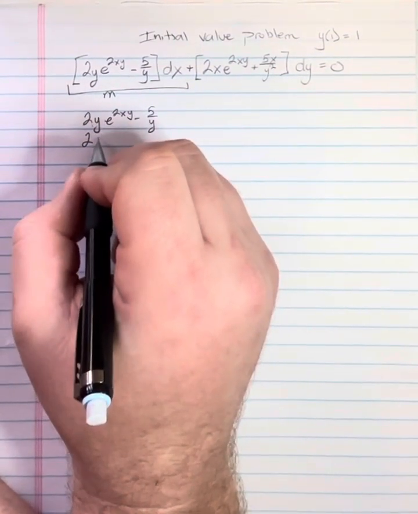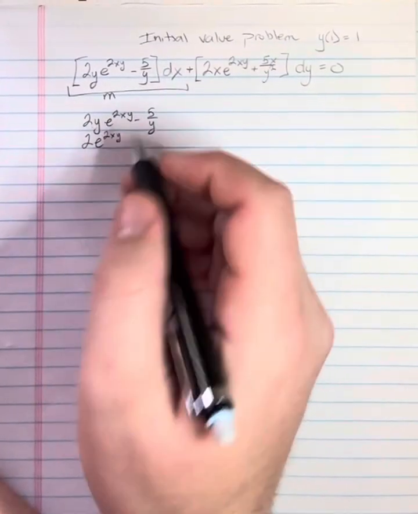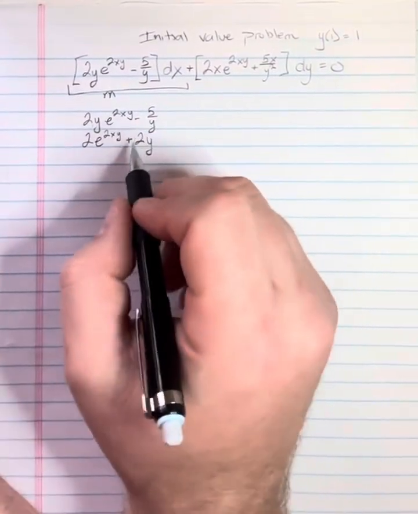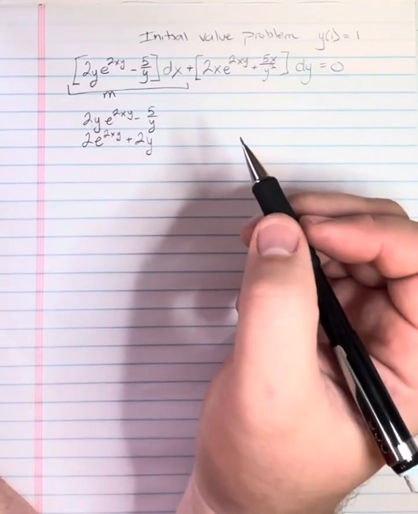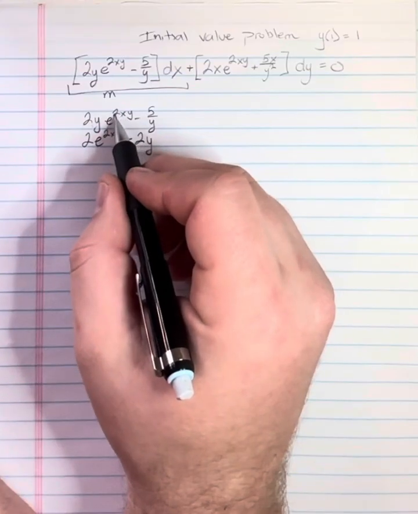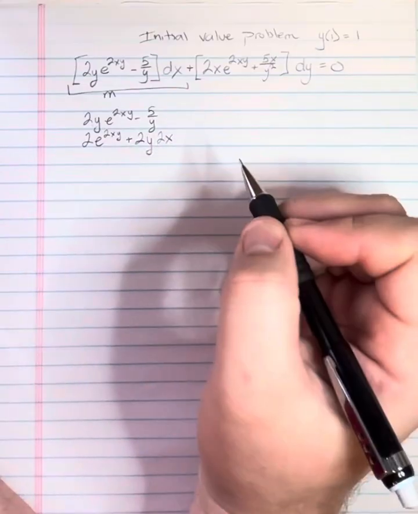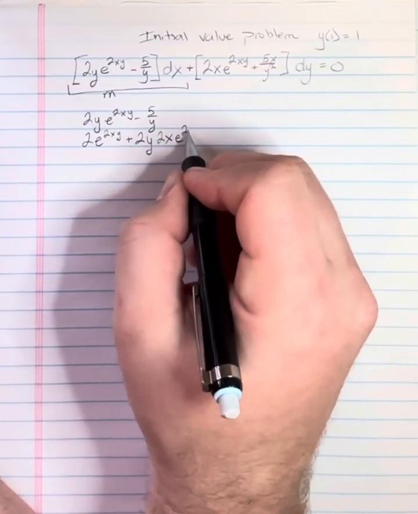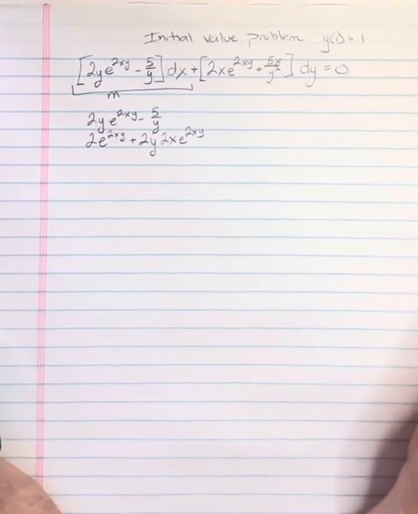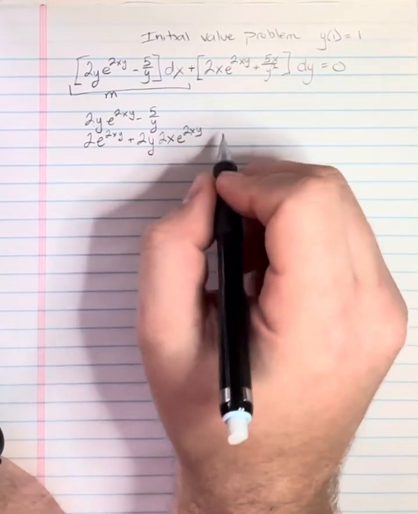So 2e^(2xy), and now I left that alone, so I'm going to add to that, now I leave the first one alone, and I'm going to differentiate the second part. Using the chain rule, remember I'm with respect to y right now, so that y has a little 1 above it, that 1 comes down, multiplied by the 2 gives me a 2, and 2x comes out front, and then again I have e^(2xy). If you forget how to do that, you can review that, but that's not what this problem's all about. So I got the left side, my M.